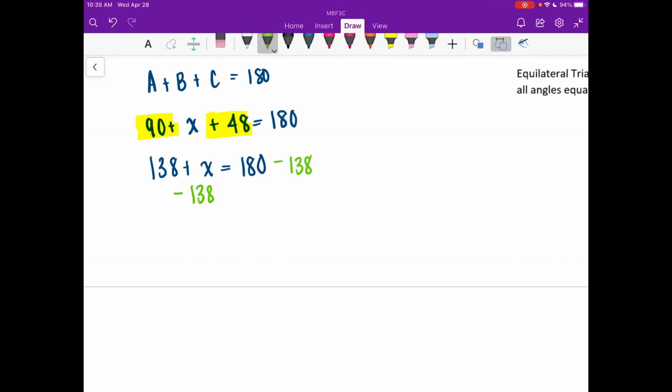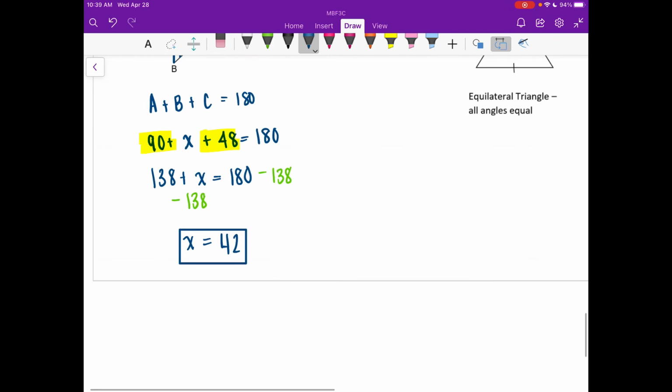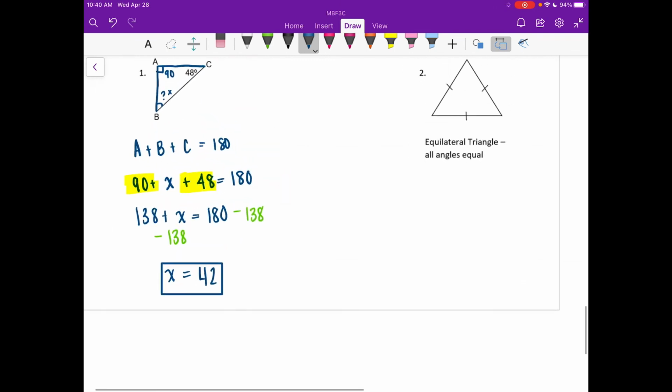So I'm left with x is equal to 180 minus 138, which gives me 42. So I know x is equal to 42. Another thing you could have done is just do 180 minus 48 minus 90, which would also give you 42 degrees. Just make sure you put your degrees in.